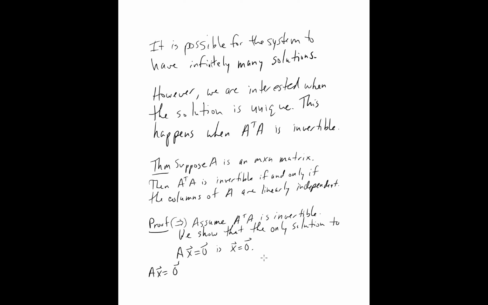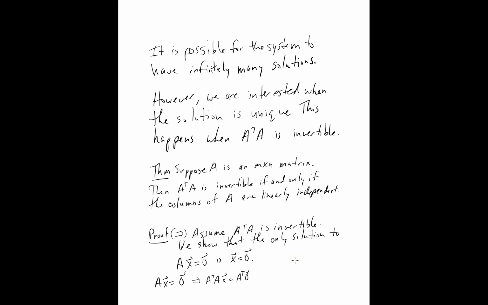Let's say that A transpose A is invertible, and we're going to show that the columns of A are linearly independent. One way to do that is to show that the only solution to the homogeneous system is zero. That's one of the equivalent conditions to being an invertible matrix. I'm sorry, we're assuming that A transpose A already is invertible. We're going to show that this system only has the trivial solution, and that will give us linearly independent columns.